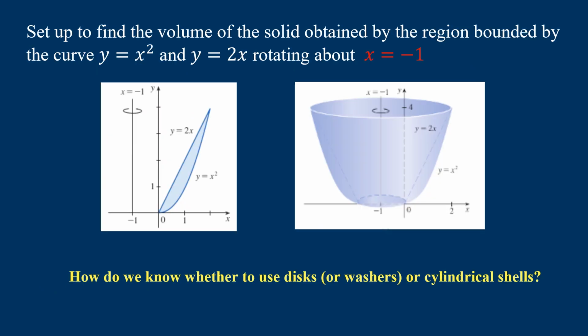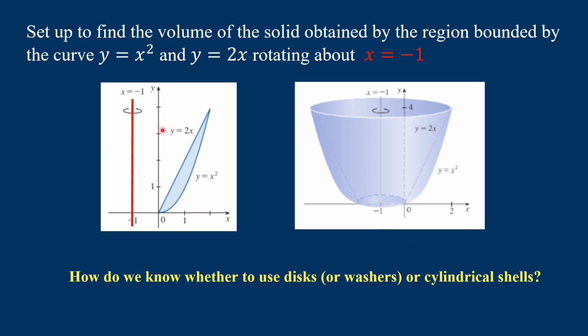So let's have an example of when to use the shell method and when to use the washer method. It depends on the problem, but you might use either one. Here is a region bounded by y equal 2x and y equal x squared, rotated about x equal negative 1. They generate a solid that looks like that.